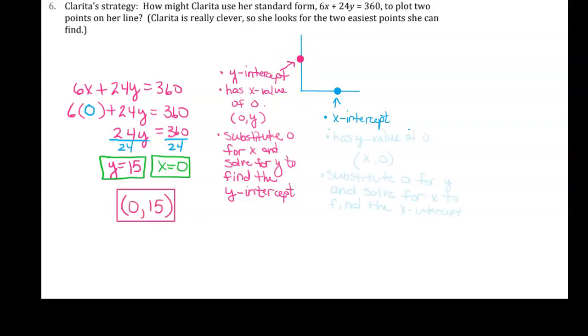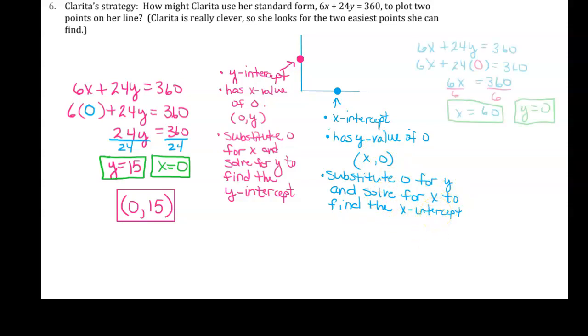We can take the same approach for the x-intercept. We know that the x-intercept has a y value of 0, and so it would look like this as an ordered pair. Again, we're moving on the x-axis, but we're not moving vertically up or down, so our y value is 0. If we substitute that 0 in for y into the equation and solve for x, we'll be able to find our x-intercept.